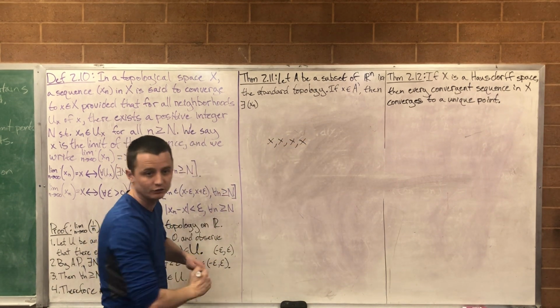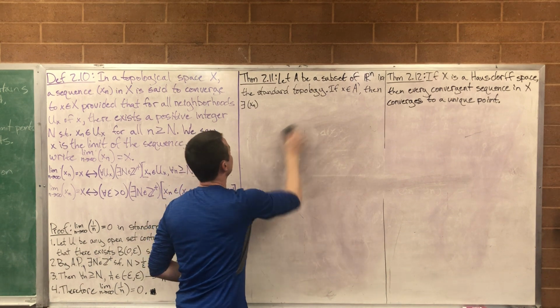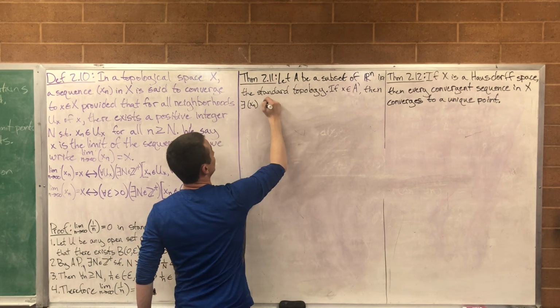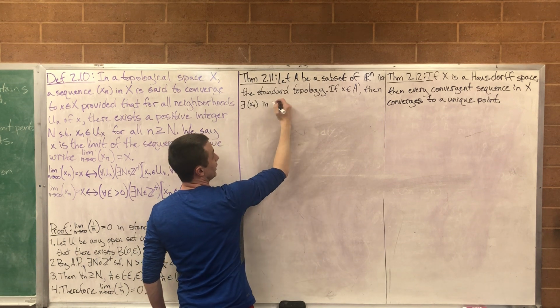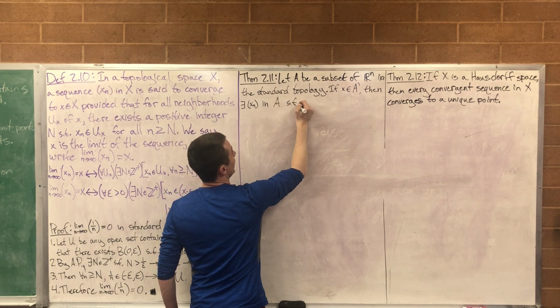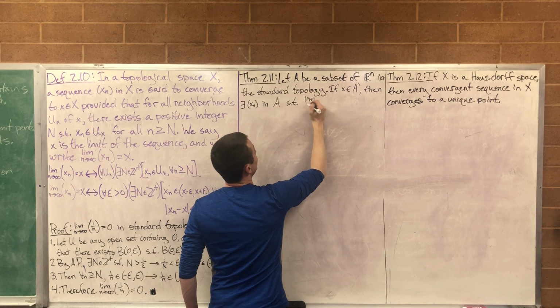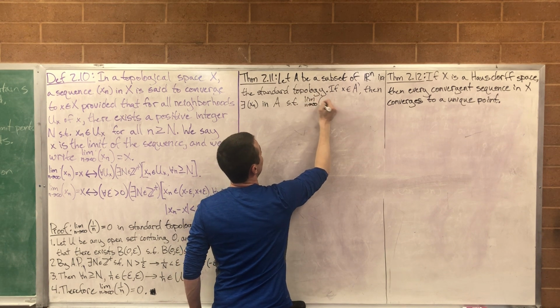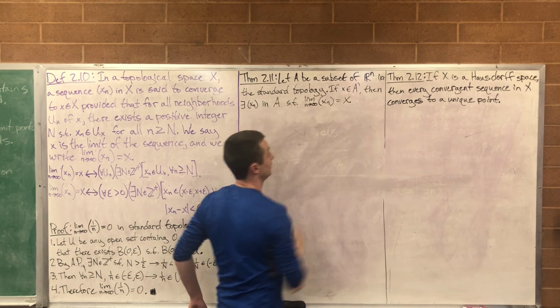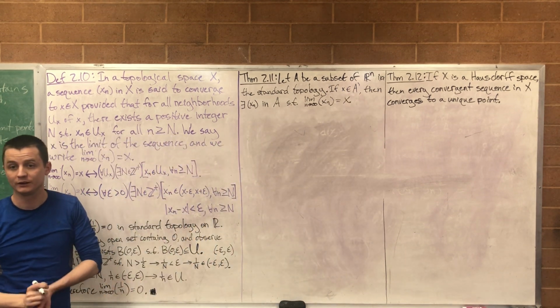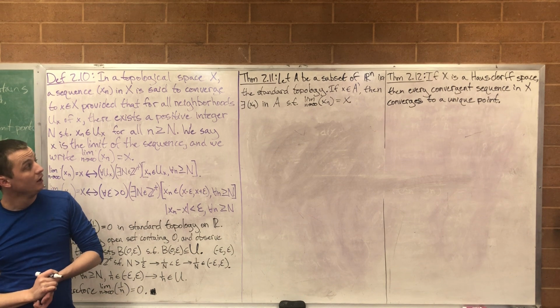So that's not very useful. What we mean is there exists a sequence in A, because x might not be in A; just because it's a limit point doesn't mean it's in there. So there exists a sequence x_n in A such that the limit as n goes to infinity of that sequence is equal to x. Make sense?